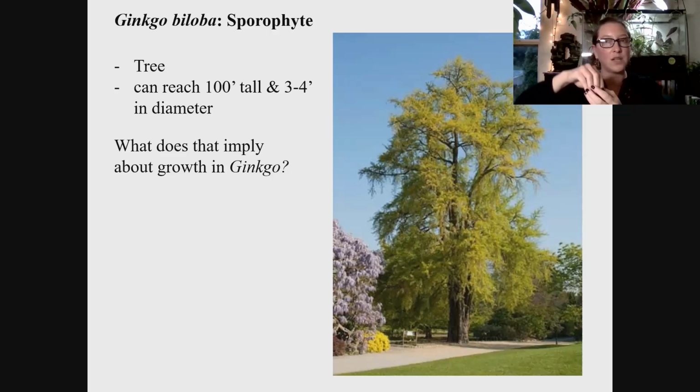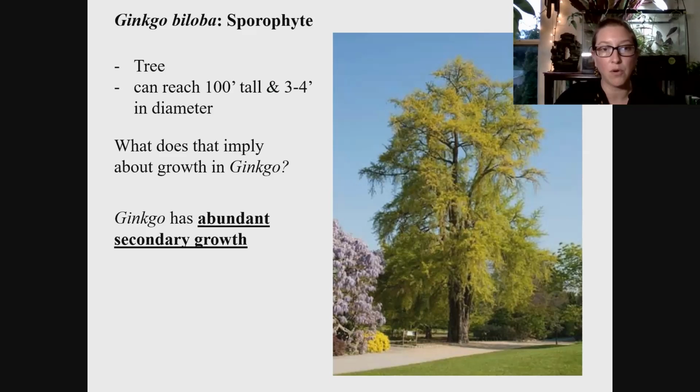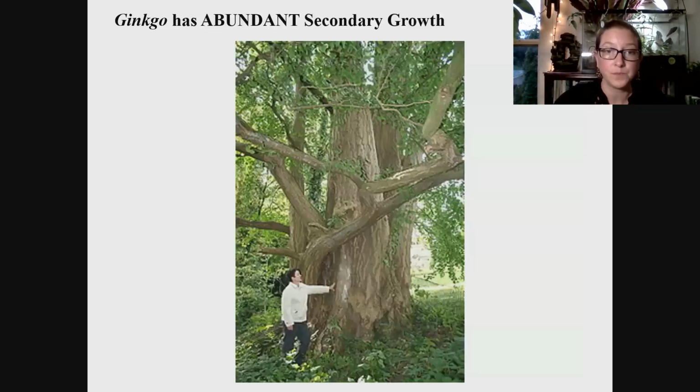Not only does it get really tall, but more importantly, the stem gets really, really wide. Ding, ding, ding. Thinking about growth, it has abundant secondary growth, right? Because that's the type of growth you need for widening. Look at that. Wow, wide. Same slide we saw during that stem lab.